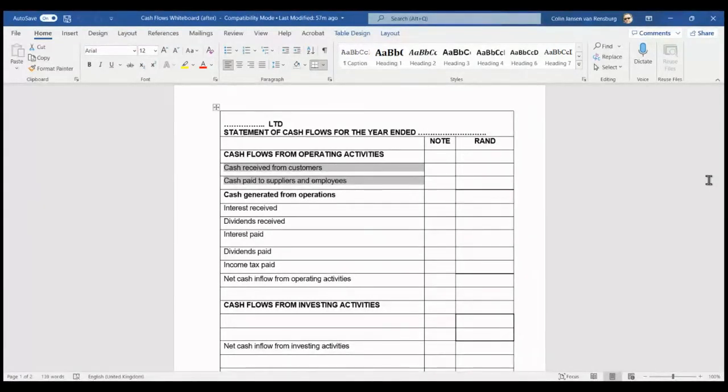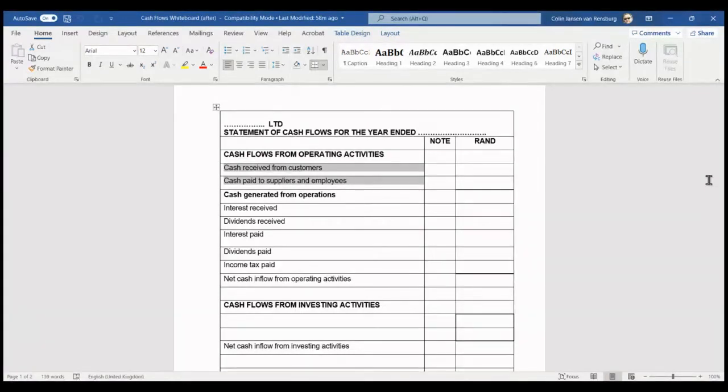It is called cash receipts or cash received from customers because it includes your cash customers as well as your credit customers. So, ladies and gentlemen, the amount that you've received from your customers will be partly from cash sales and partly from the payments, the remittances that you receive from your debtors, right? So it's a combination of those two. That is why it is called cash received from customers.